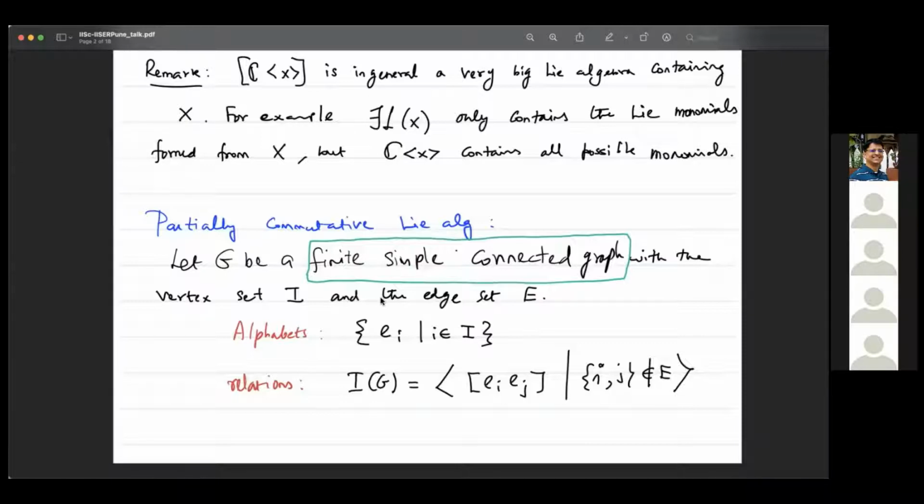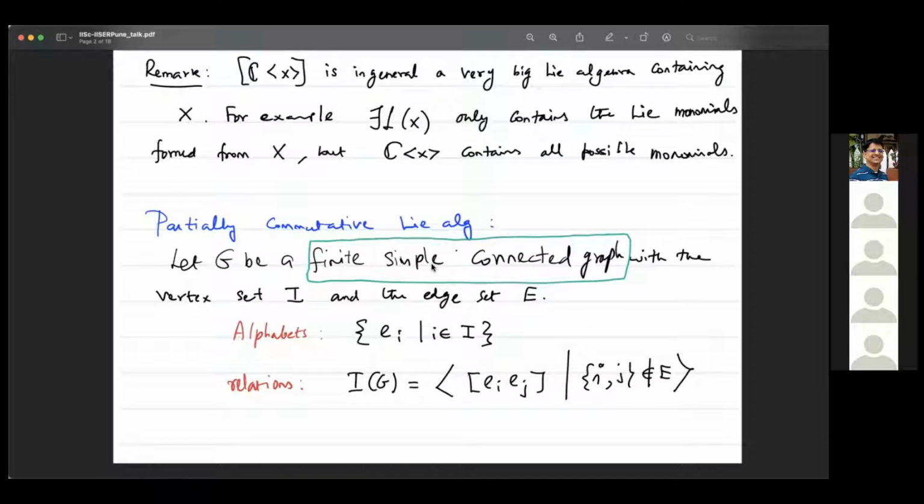I'm taking it to be connected for simplicity. One can work with non-connected graphs, and the theory will be developed very similarly, but for simplicity let's assume it is connected. A simple graph is a graph that doesn't have multiple edges or loops. I don't allow that.